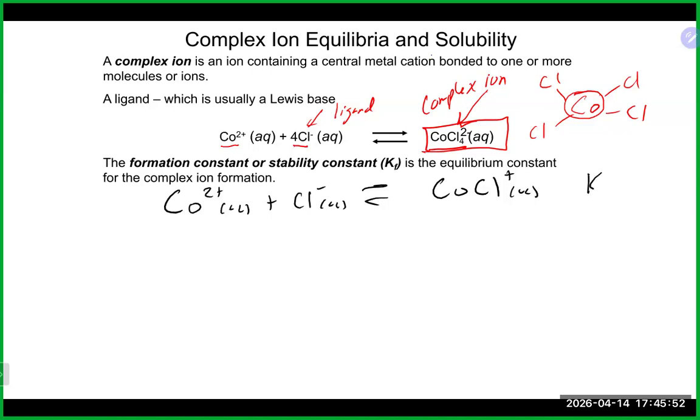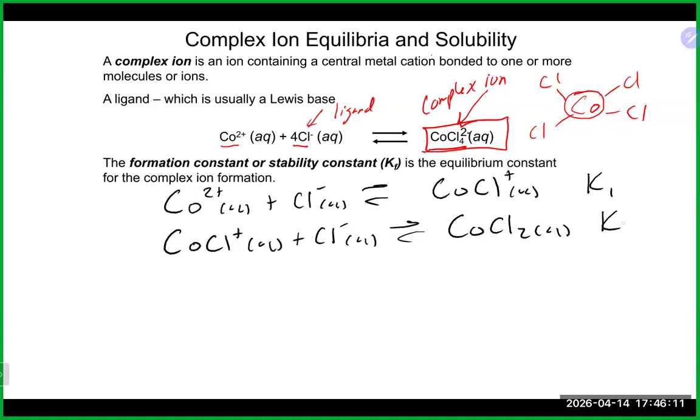Believe it or not, there is a K value associated with just that little process. The next thing that happens is this species that's already picked up one ligand will pick up another, and we will end up with CoCl2, also with an equilibrium expression. Then it will continue on. It's very similar to how acids lose hydrogens one by one; these guys gain their ligands one by one.